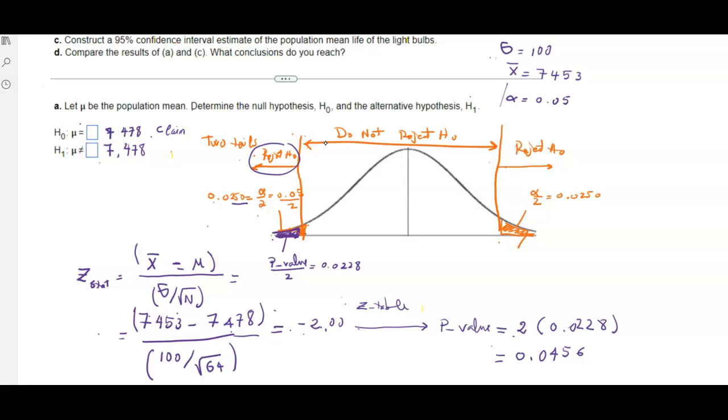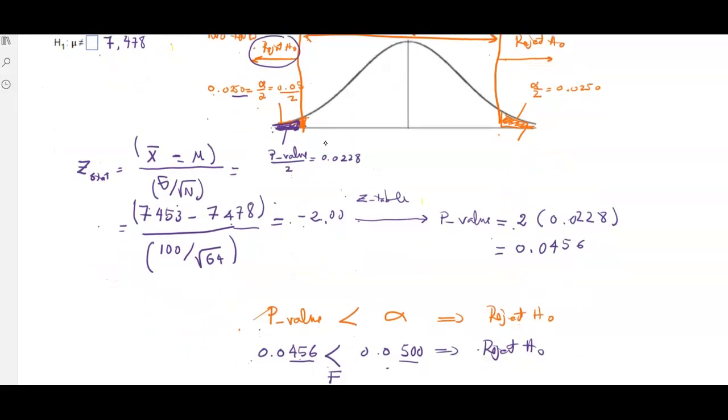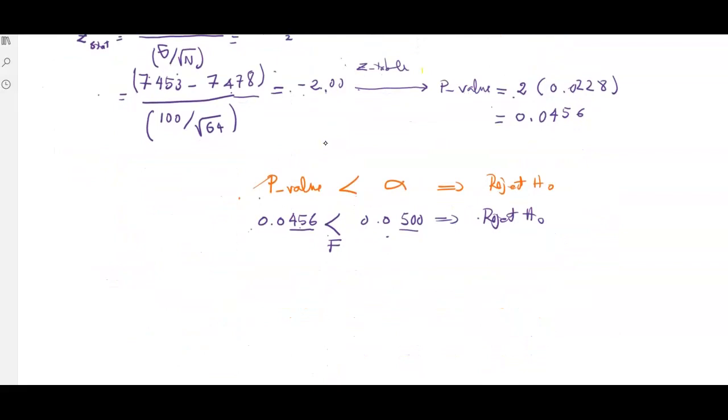If you reject the null hypothesis, we accept H1. We have enough evidence to reject H0.